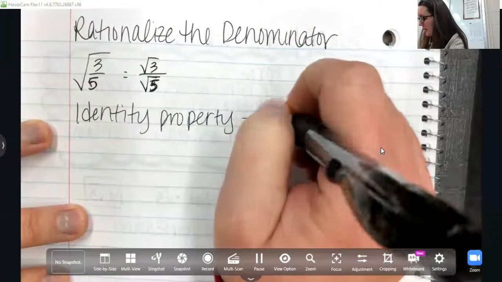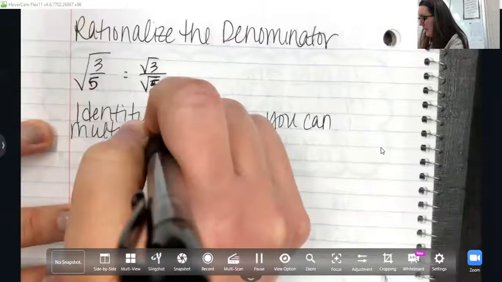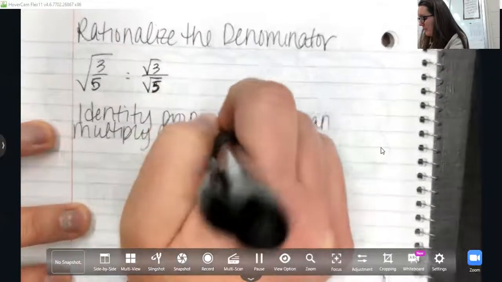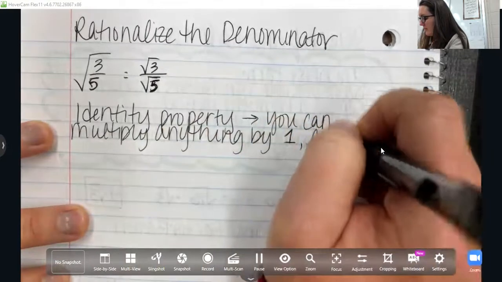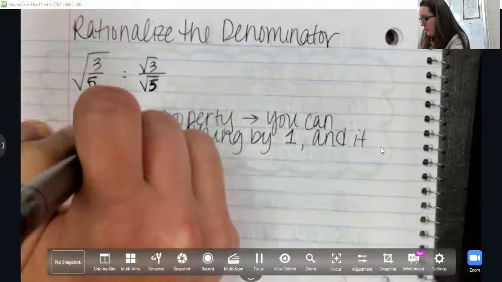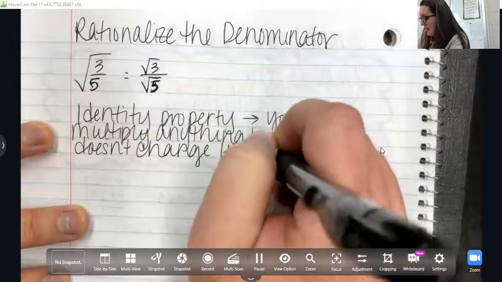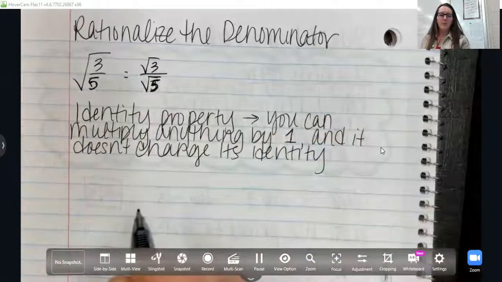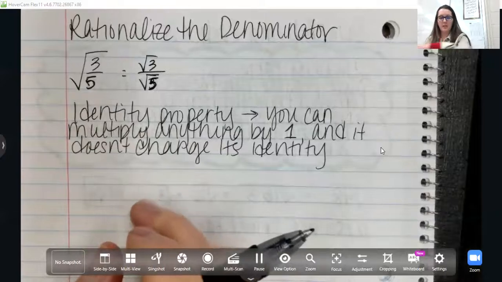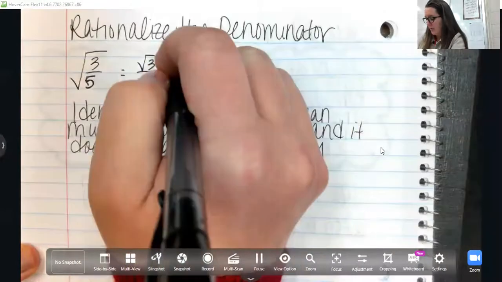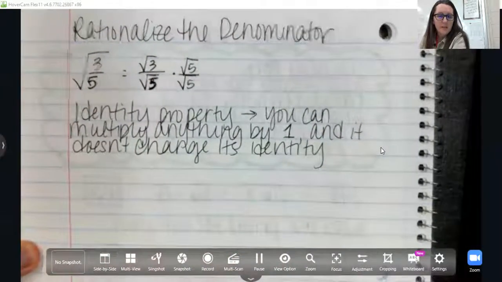You can multiply anything by 1, and it doesn't change its identity. So I want to multiply this fraction by a form of 1 that doesn't actually change what it is, just changes what it looks like. And I know that I can multiply any number over itself, and that's the same as 1.